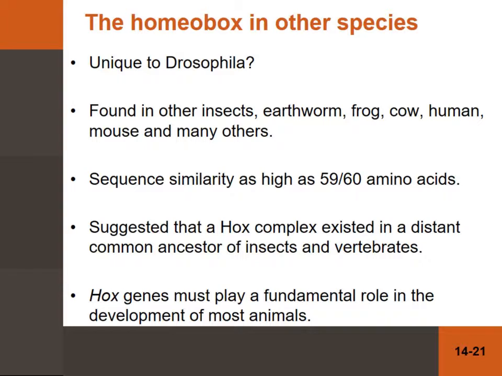And this suggests that a Hox complex existed in a distant common ancestor more than 500 million years ago, which was when they last shared a common ancestor. So Hox genes must play a fundamental role in the development of most animals and also many higher plants.